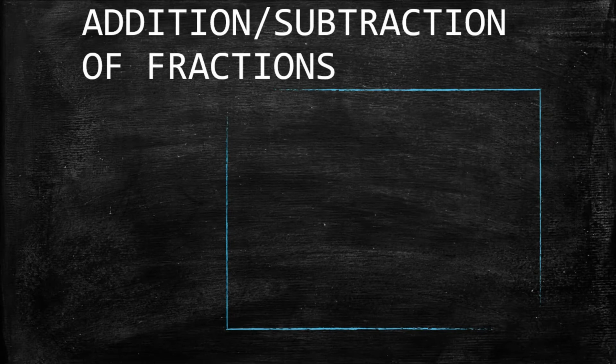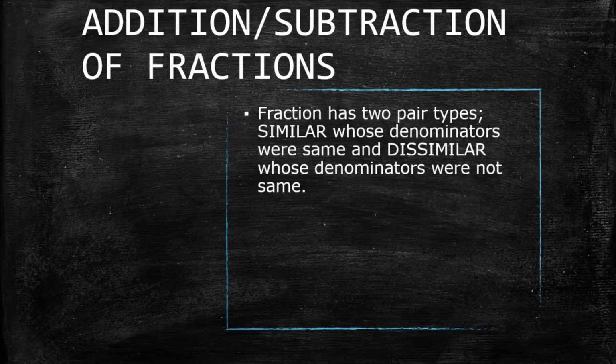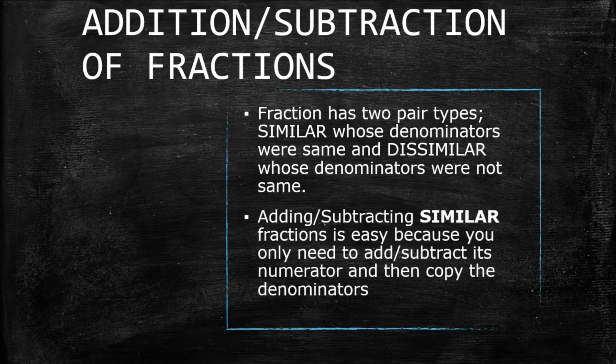Fractions have two types. One is called similar, whose denominators are the same numbers, while the other is called dissimilar, whose denominators are not the same numbers. For adding or subtracting similar fractions, you just need to operate the numerators and then copy the denominator.